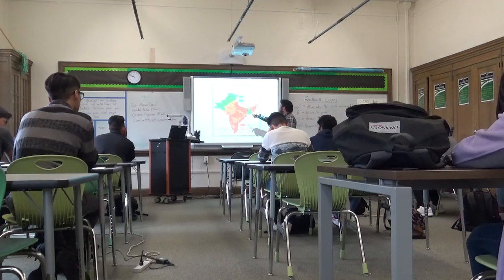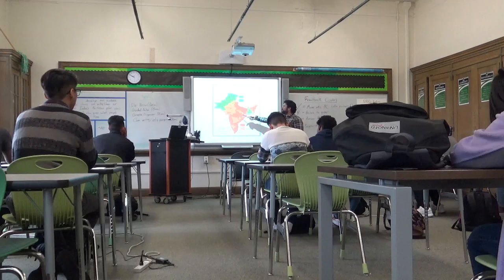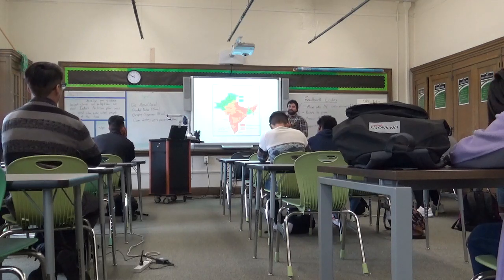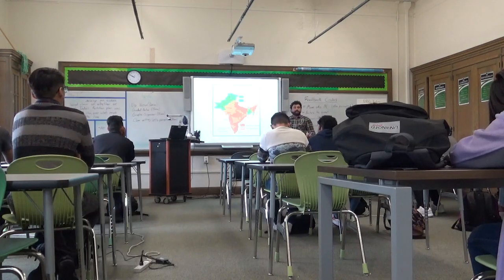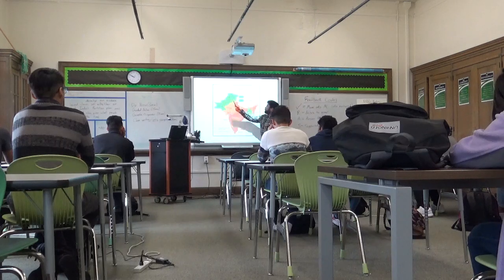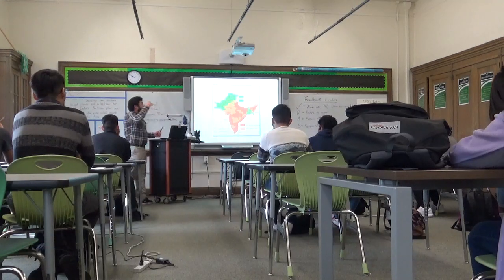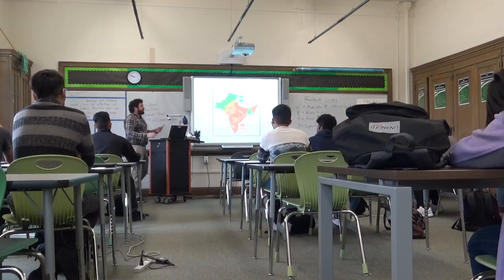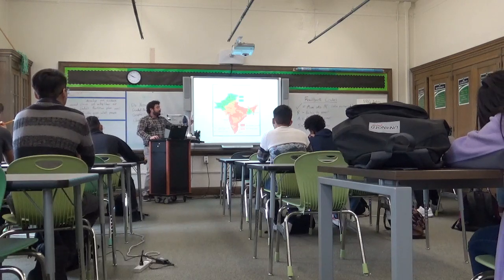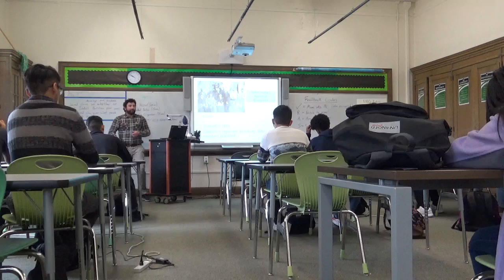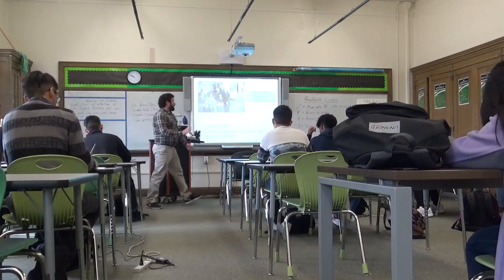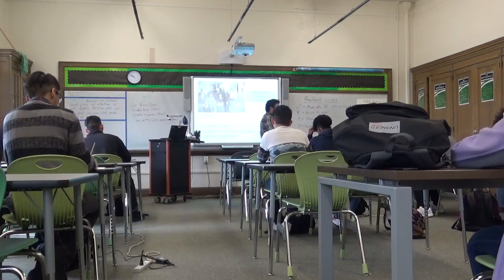So we can see from India, all this part in the red and orange is Hindu-dominated parts of India, people who practice Hinduism. And the green are people who practice Islam, or Muslims. So we can see in northern India, western India, you have a lot of Muslims. And the majority of the country practices Hinduism. Okay, so that separation of Hindus and Muslims is going to become really important in just a second.